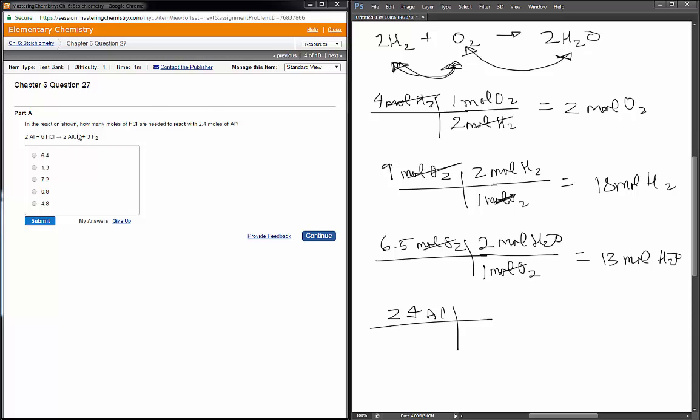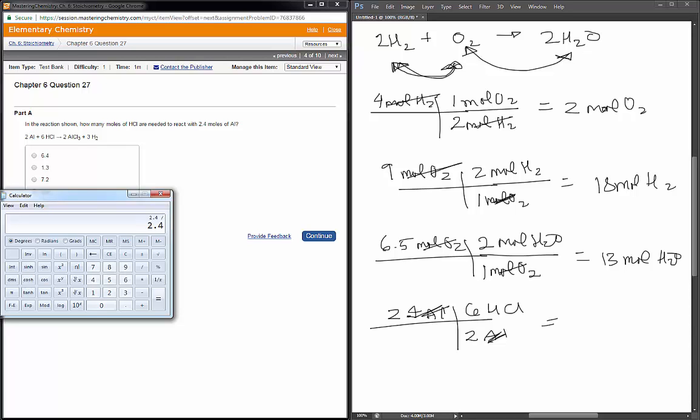So we can ignore the products and just look at the first two, which say that 2 Als react with 6 HCls. So 2 Als on the bottom, 6 HCl on the top. My Als cancel, and I get 2.4 divided by 2 times 6, which is 7.2 moles of HCl.